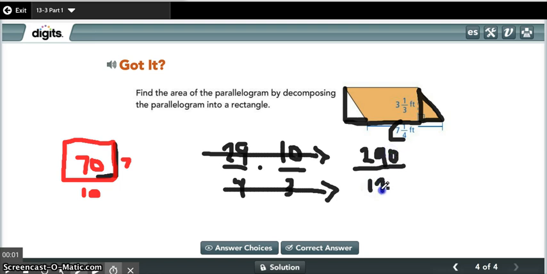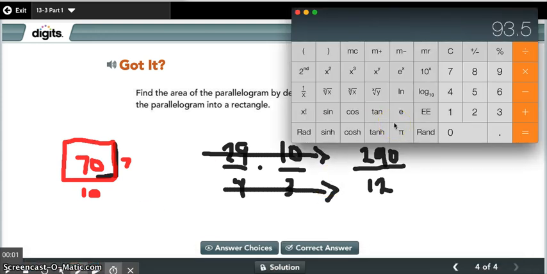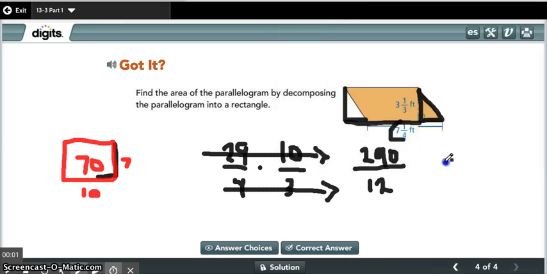If you felt like it, you might have been doing some cross-canceling ahead of time, and that's totally fine. You can simplify this fraction definitely, but to save time on my video, I'm going to go ahead and just divide this in my calculator. I'm going to get 24.16 repeating, and that 6 was repeating.